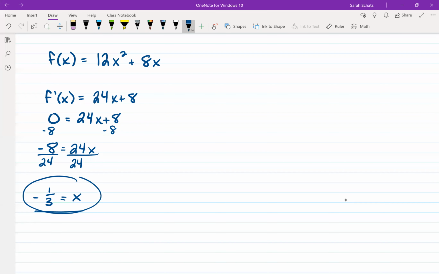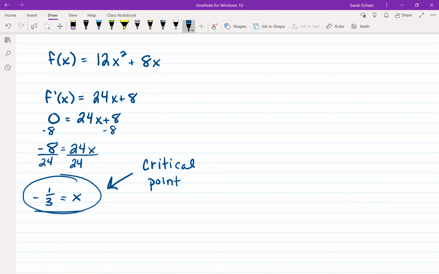All that I do know is it changes directions here because this is a point where the derivative is 0. Remember this, finding this point where the derivative equals 0, this is called a critical point. So anytime I say, can you find the critical points of this function, what I'm asking for is for you to take the derivative and set it equal to 0 and solve for x.